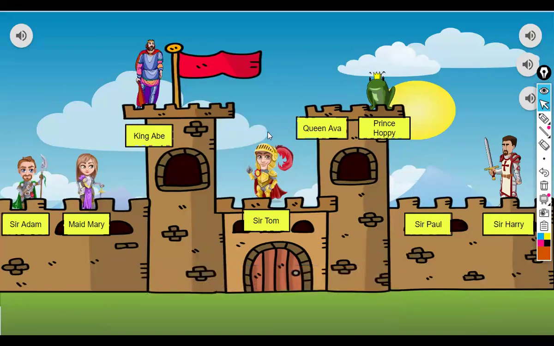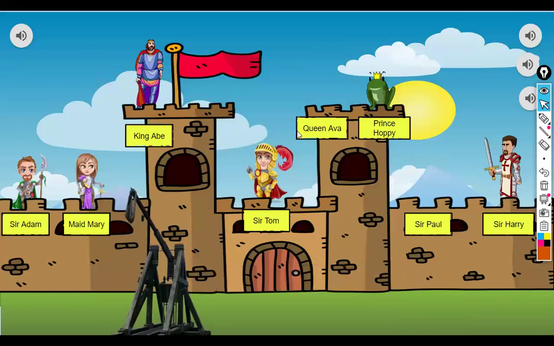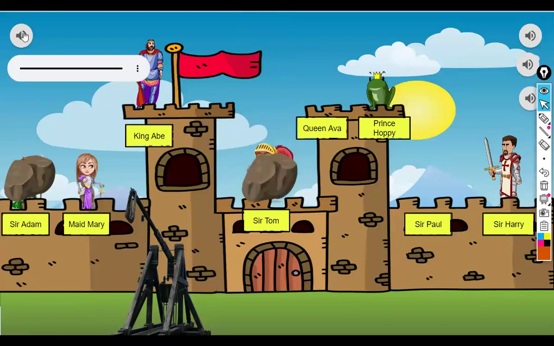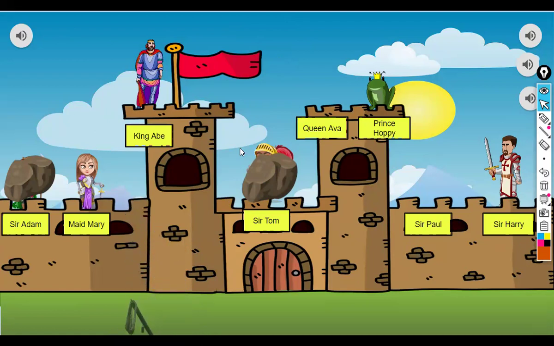As soon as the archers leave, the catapults come in. Let's see who's next to go. Sir Adam is gone. Poor Sir Adam got crushed by a rock. Next person to go is Sir Tom. A lot of people chose Sir Tom, but he is gone. Next person to go. Oh, there's a dragon coming in, I believe.